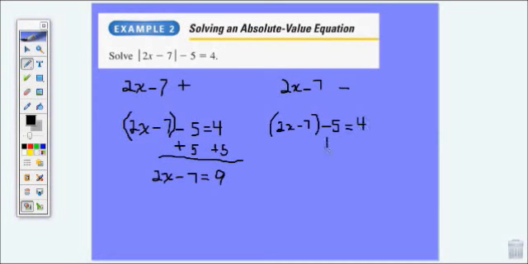I will combine my like terms, same as I did on the other side, because remember it's going to have two solutions. Brings me to the same point as I was here. However, my quantity, 2x minus 7, which is left on the left side, is now going to be negative.